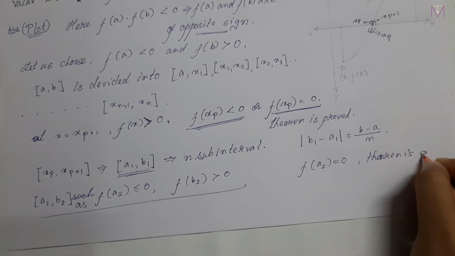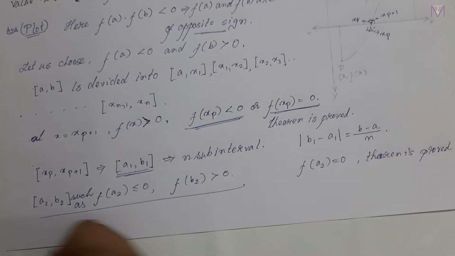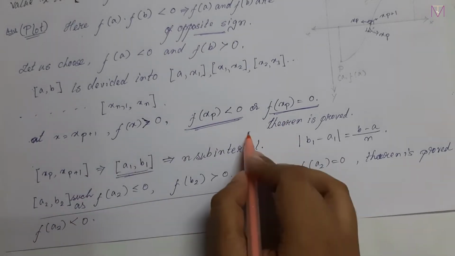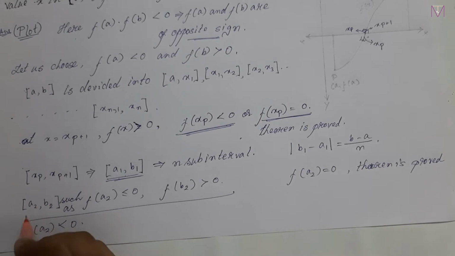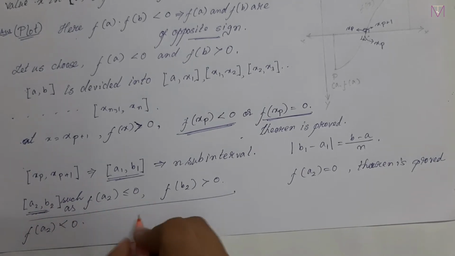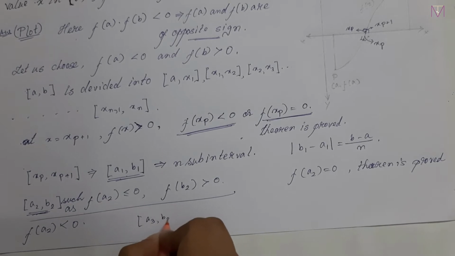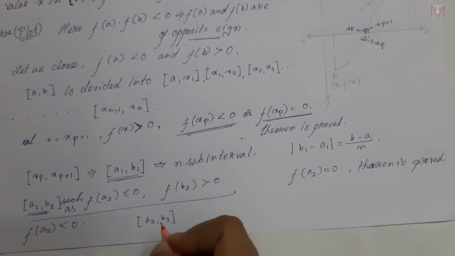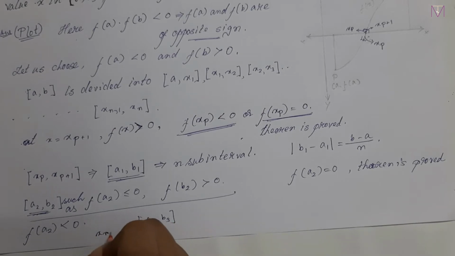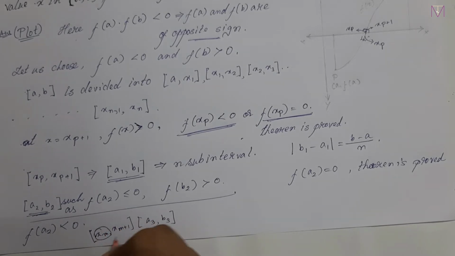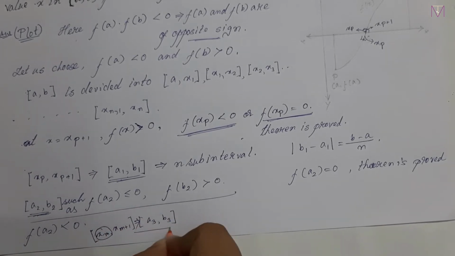And if not, then again we will proceed in the same manner. We will divide this interval into n subintervals, then again we will take (a3, b3), renaming obviously. Maybe we will get x(m+1) where f(x(m)) is equal to 0. Then we rename this as (a3, b3).